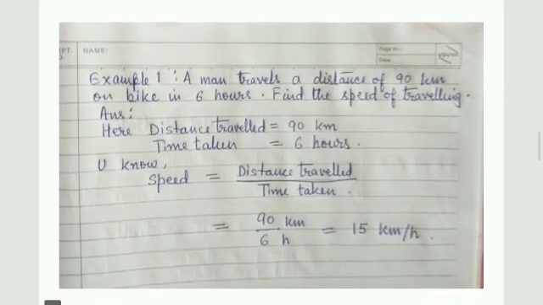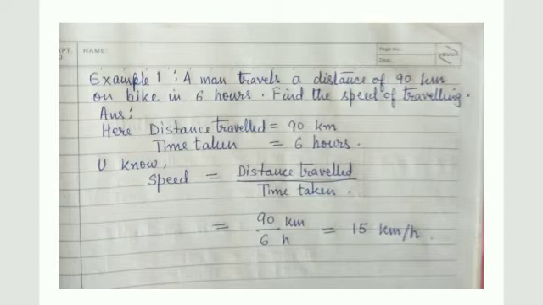Here is a simple example. A man travels a distance of 90 km on bike in 6 hours. Find the speed of traveling. Means you have given distance and time and asking for speed.